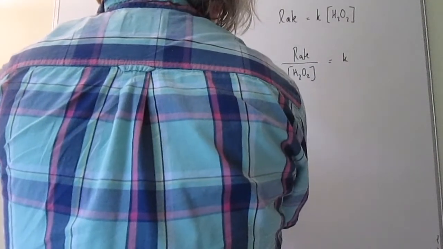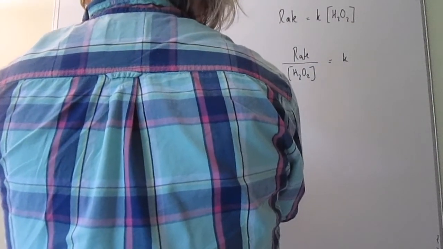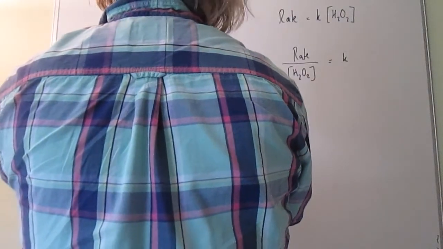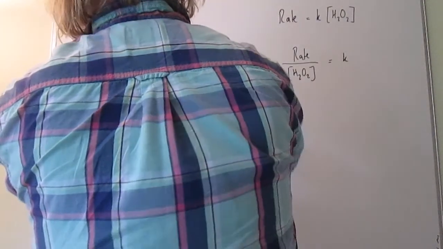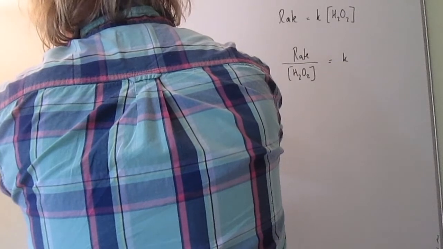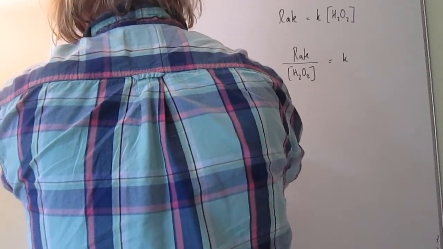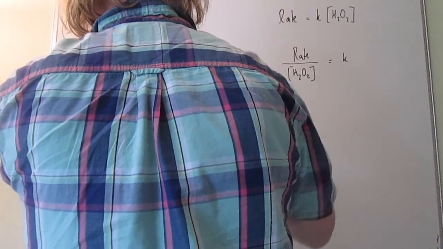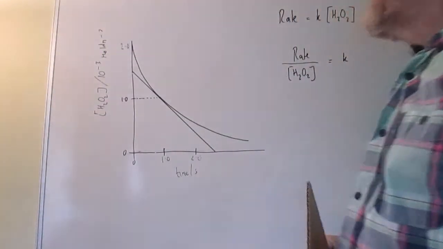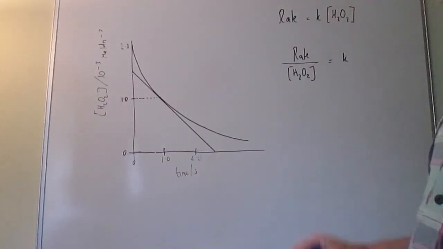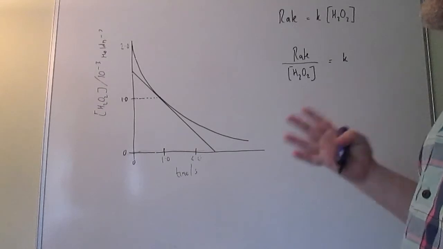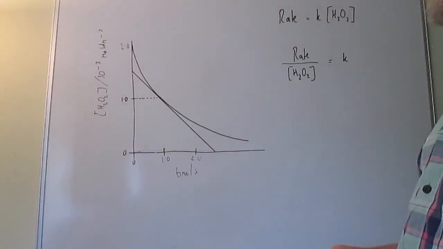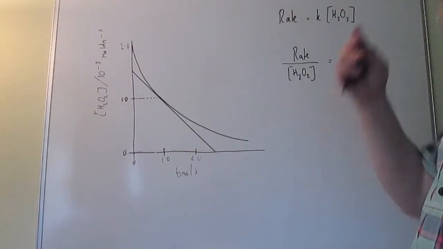So with your ruler you're going to try and draw a line which just about touches the curve at that point, which would be something kind of like this. Okay, so you would then measure the gradient of that tangent.